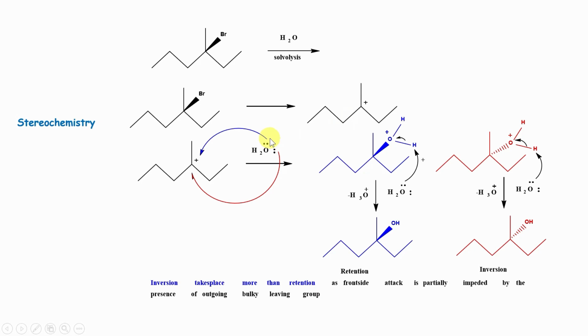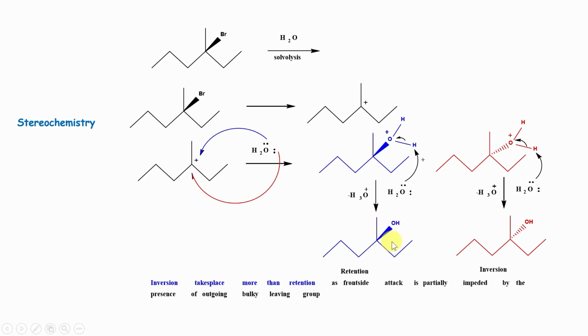So the nucleophile, the solvent molecule water, can attack from either side, from the front side or from the back side. If the nucleophilic attack on this electron deficient, electrophilic carbon atom takes place from the front side, then we will get an alcohol with retention of configuration.